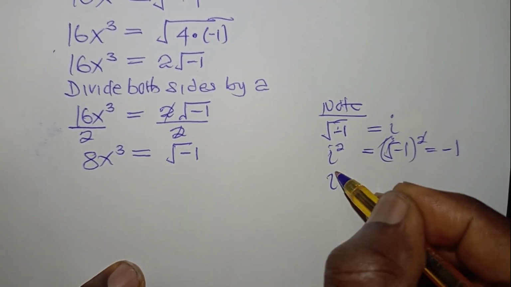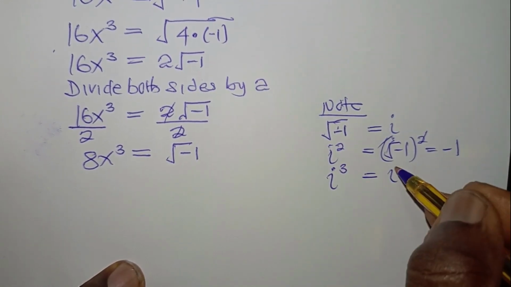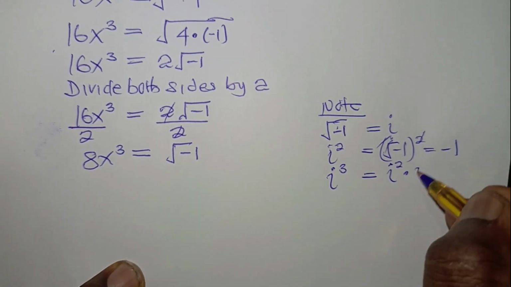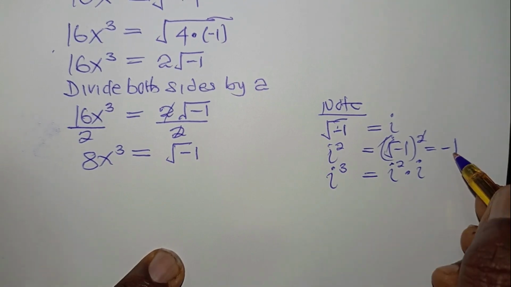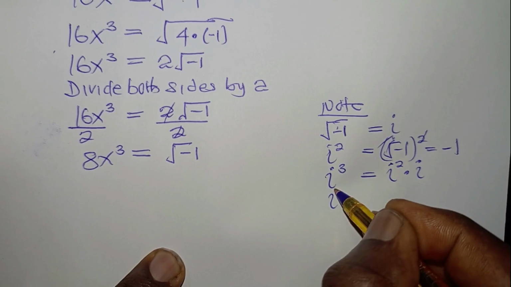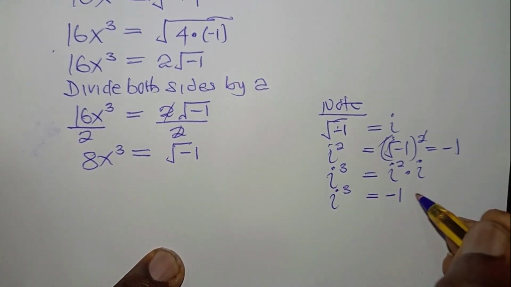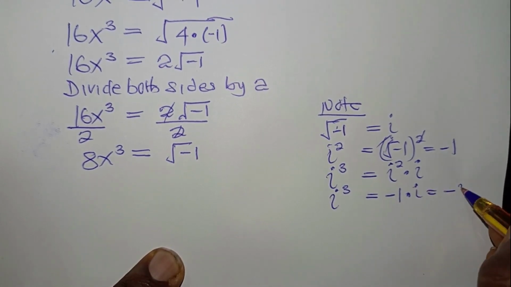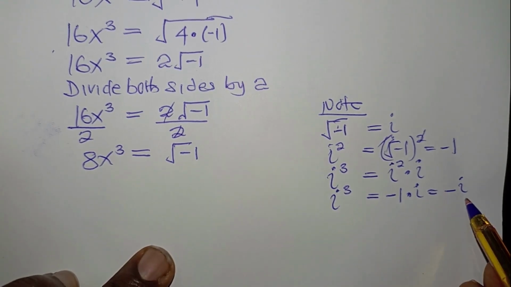So if you have i to the power 3, you are going to get i squared multiplied by i. But we have found i squared to be equal to minus 1. So i to the power 3 is equal to minus 1 multiplied by i, so that will give us negative i. So it means that i to the power 3 is equal to minus i.